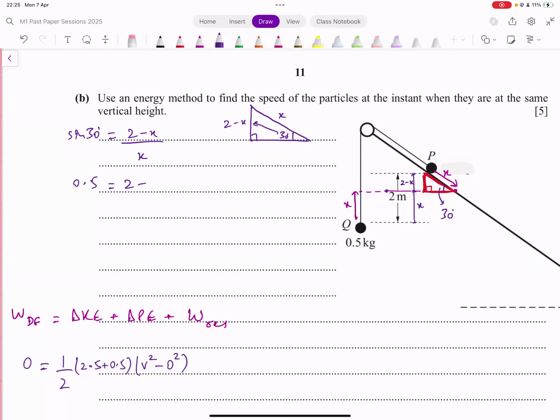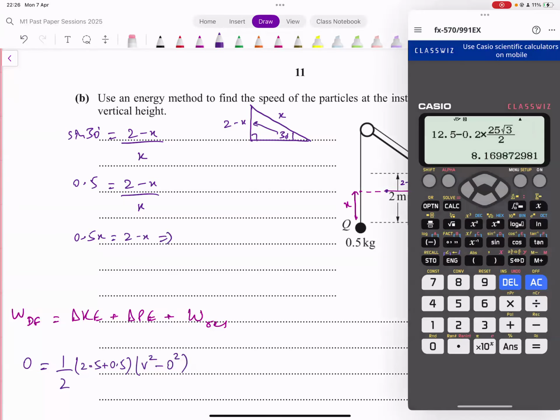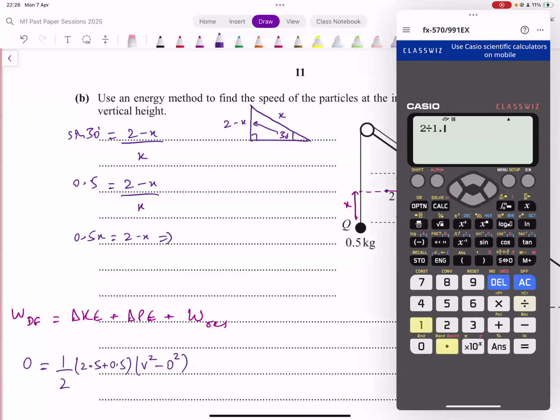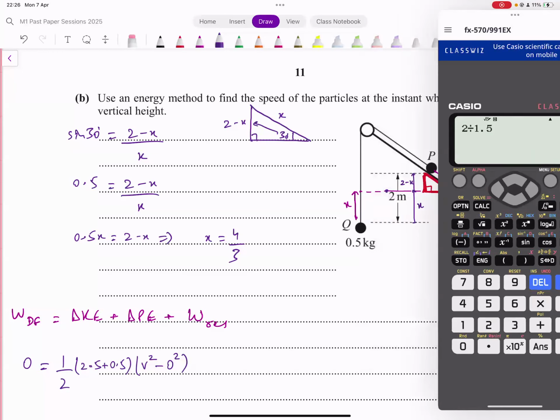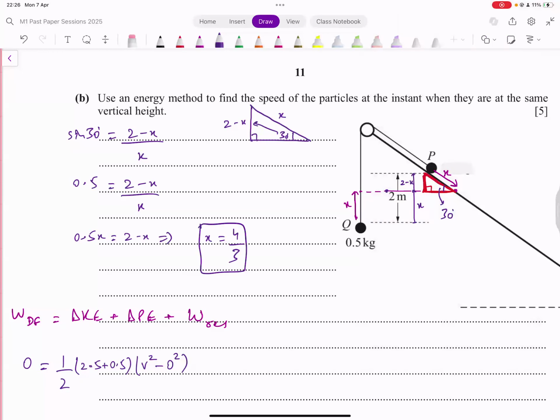So 0.5 equals (2 minus X) over X. 0.5X equals 2 minus X. That will be 2 over 1.5. X turns out to be 4 over 3. That's the distance that Q travels vertically upwards, and that's the distance that P travels along the surface. Does that make sense?